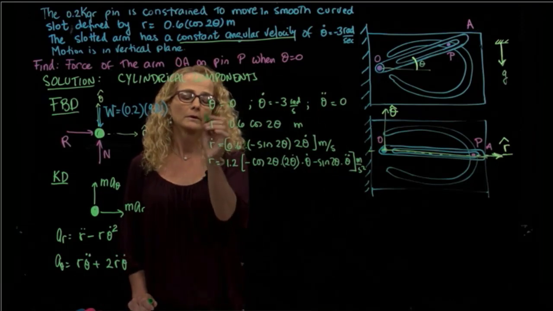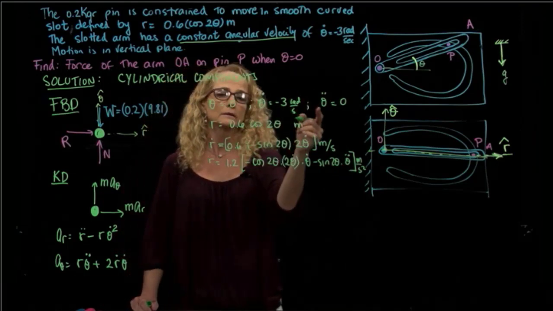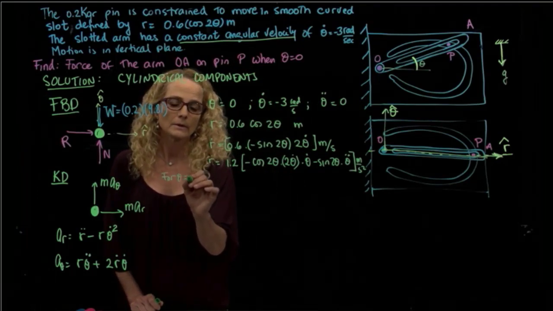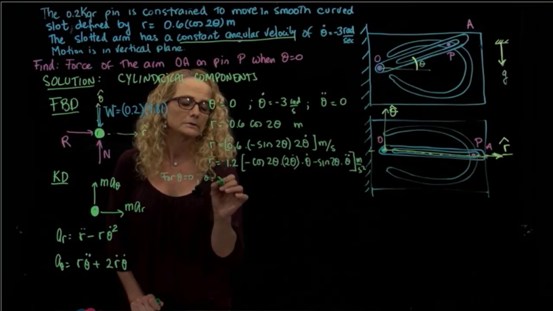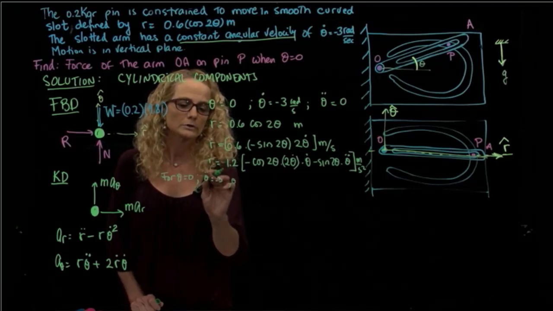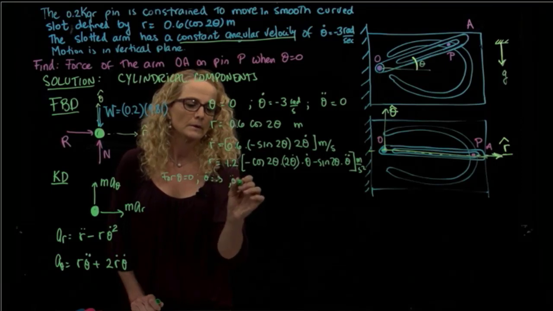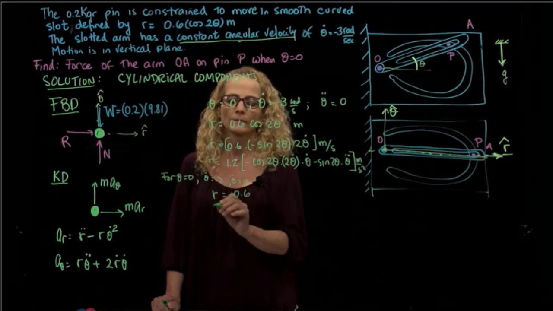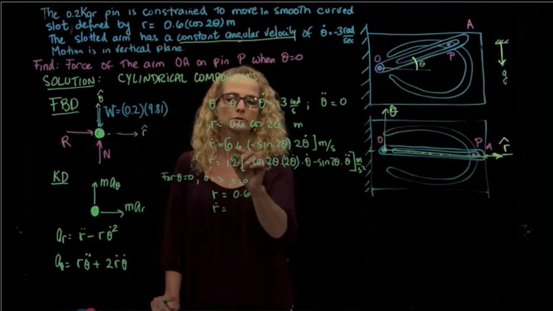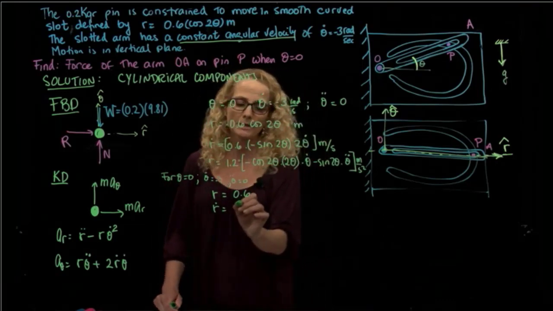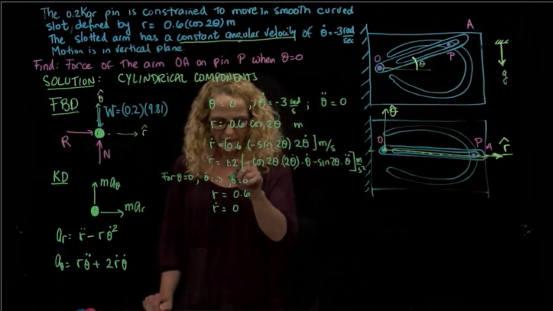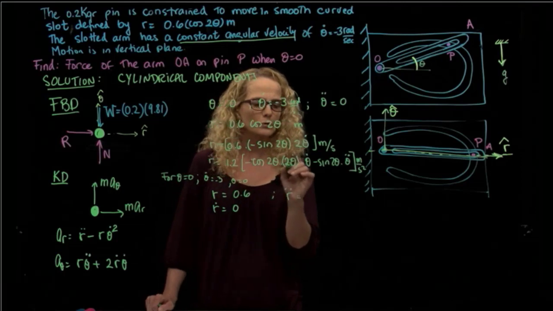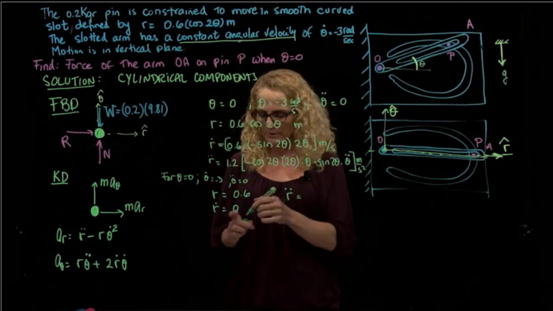For θ equals 0, θ dot equals -3, and θ double dot equals 0, we have that r is equal to 0.6. r dot is equal to 0, because sine of 0 is 0.